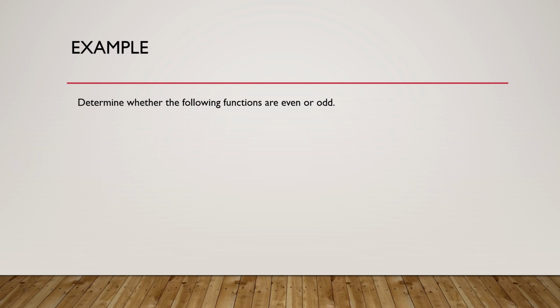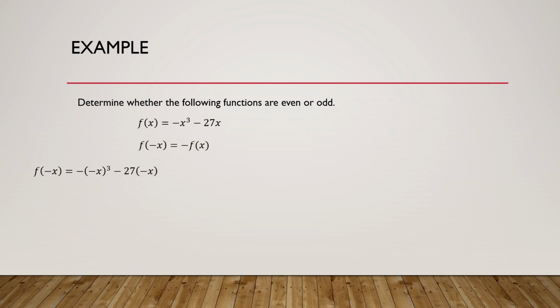For another example, let's determine whether the following functions are even or odd. First, f of x is equal to negative x cubed minus 27x. Since this function begins with x cubed, we suspect it is an odd function. If so, then f of negative x equals negative f of x.